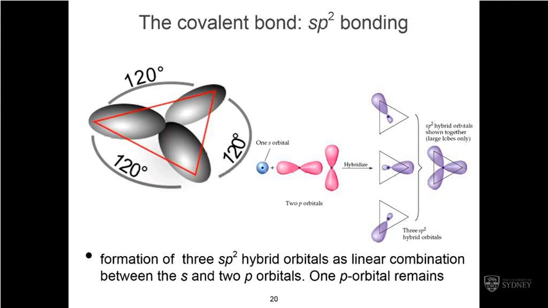And if you have another atom here of the same kind, you can see that these orbitals will overlap nicely and share the electrons and form strong bonds. So you can see that these bonds are flat bonds, separated by 120 degrees. So it gives you some clue as to what material, for example, might exhibit these kinds of bonds.